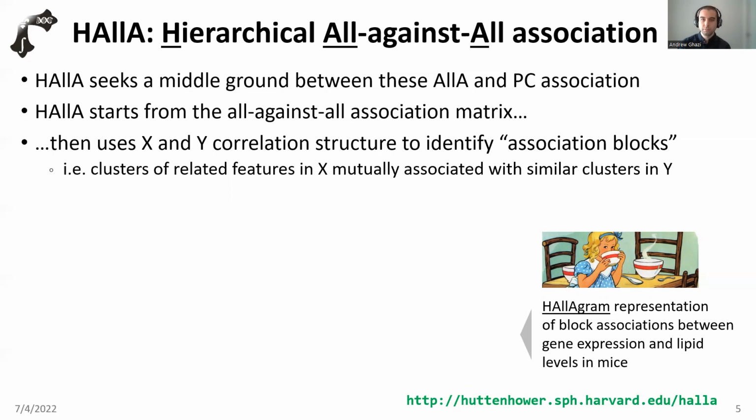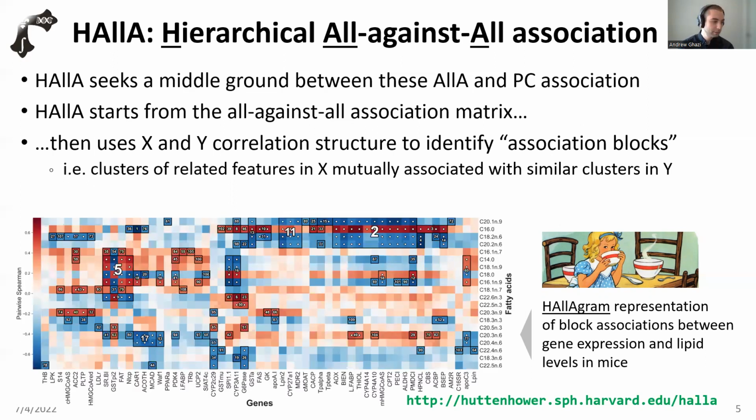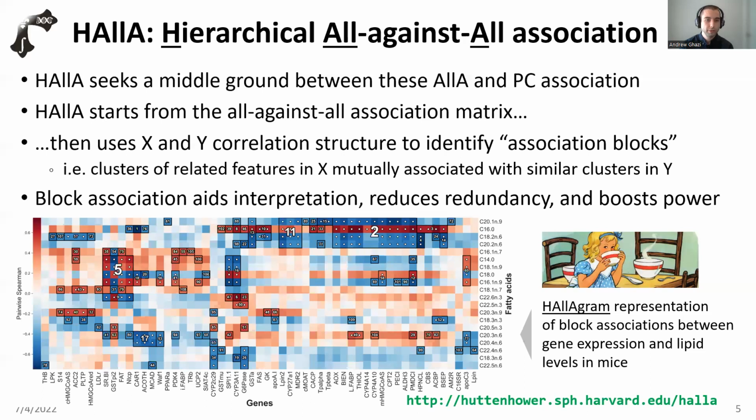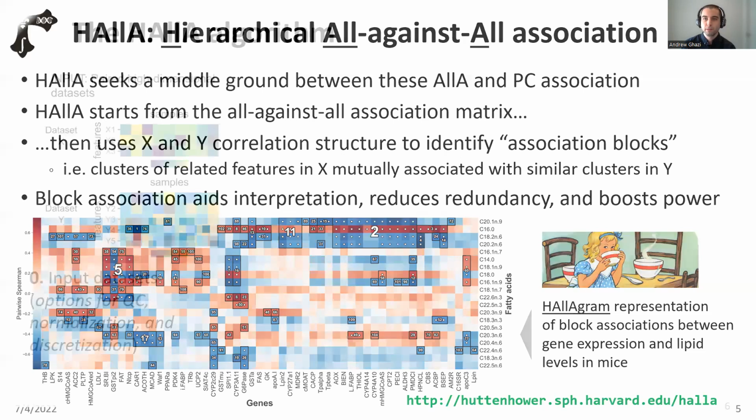So these are potentially groups of features in X that are associated with groups of features in Y. So what you get at the end is a representation of the entire all versus all association matrix, but now your features are grouped into these nice blocks that are more interpretable, which both aids in interpretation and deals with the redundancy problem and boosts your power for detecting true signals.